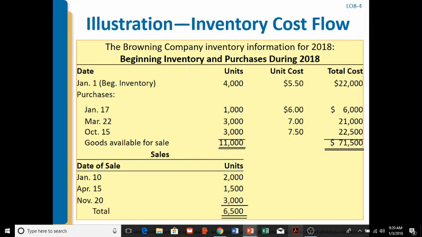So extending this example, this company makes sales on January 10. They sell 2,000 units. On April 15, they sell 1,500 units. And on November 20th, they sell 3,000 units. So they sell a total of 6,500 units during the year.